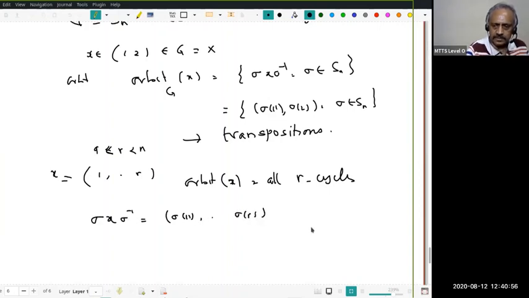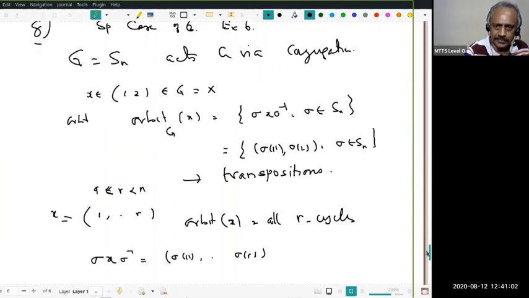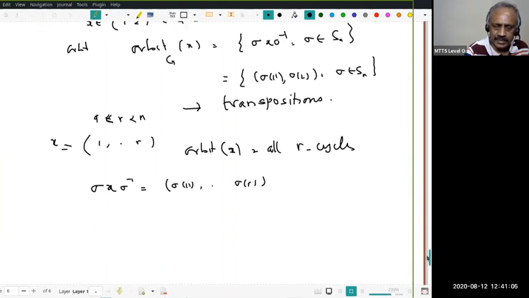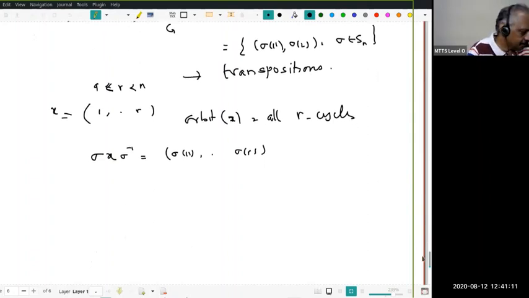This is an r-cycle. Please check that. If you have not learned these things, it's a good time for you to go back and review. So we know what the orbits are in this case.